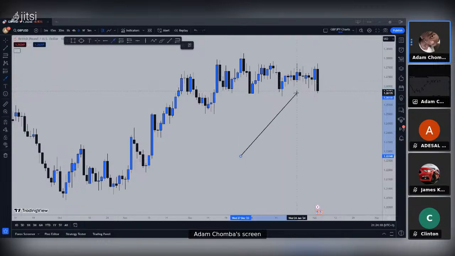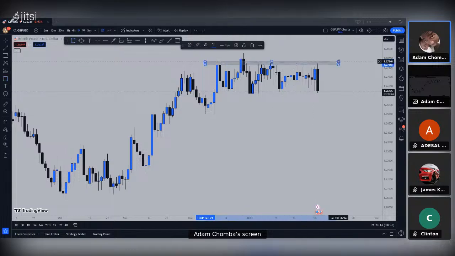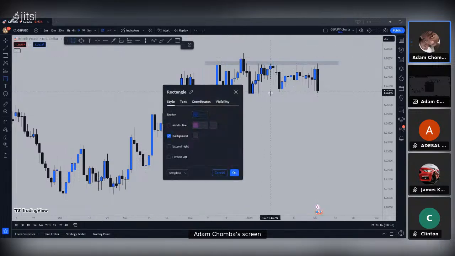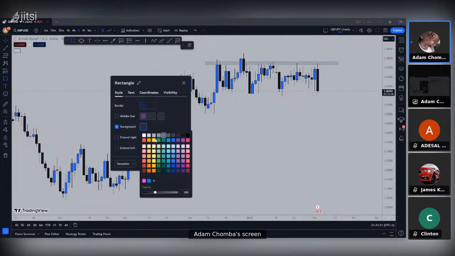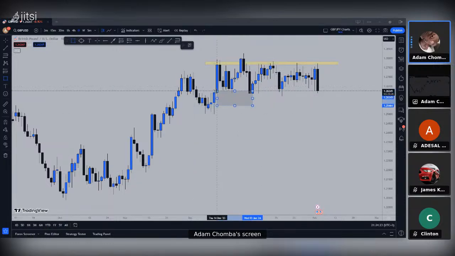What a range means is we're not breaking these highs, and let me put that background as yellow, and we are also not breaking these lows, down here. So we keep bouncing off.